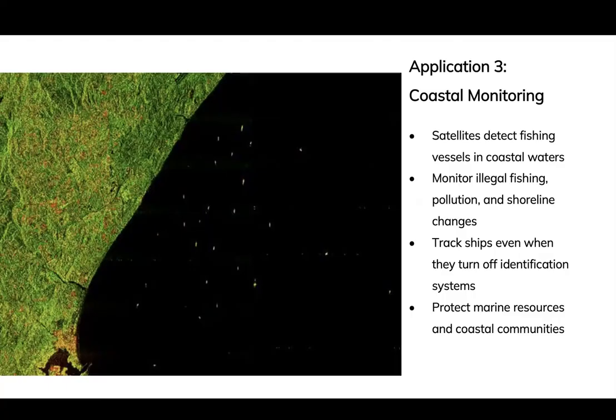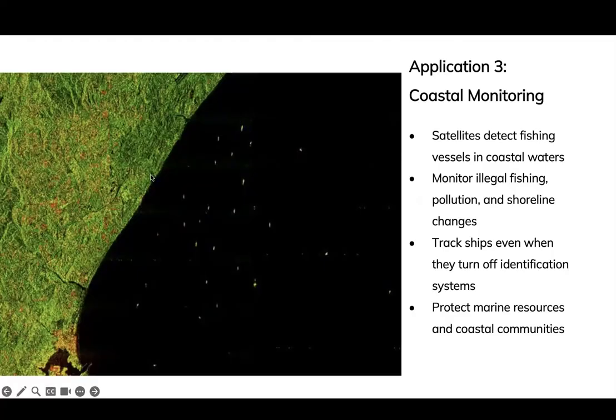So the satellites have picked up that there are devices out there, which probably means it's ships. This is used to monitor illegal fishing, pollution, and shoreline changes.